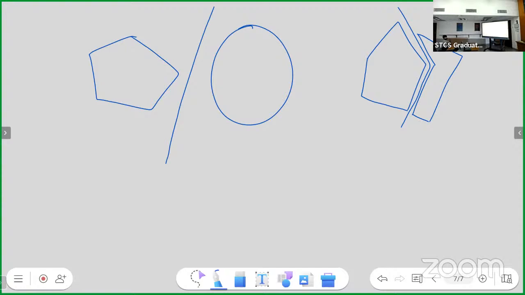If both of them are convex and we need to find the lines, then each line intersects both of them. Yes, both of them.